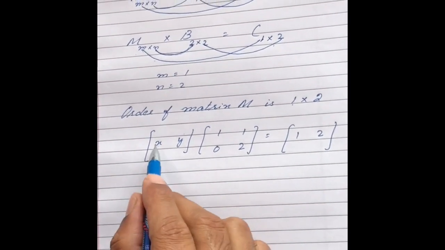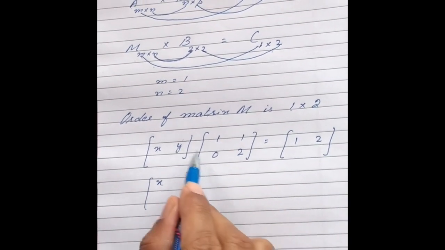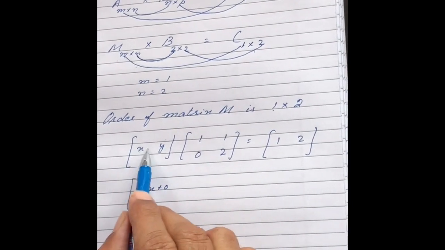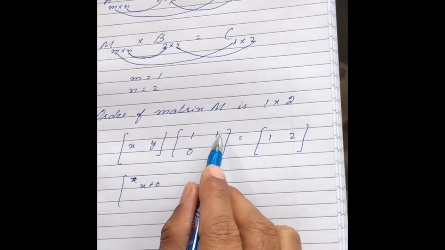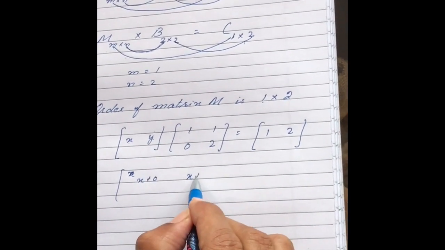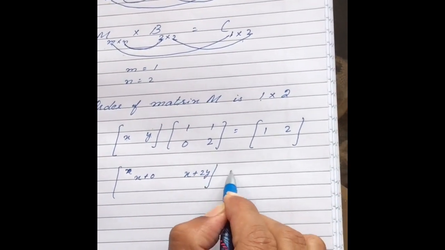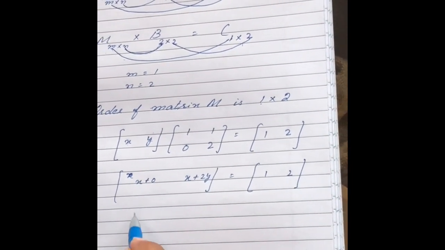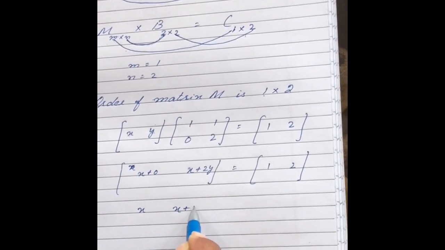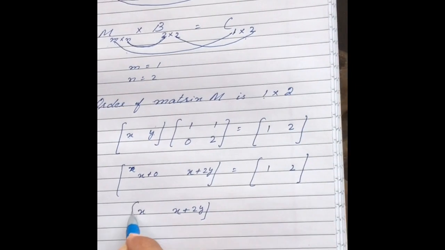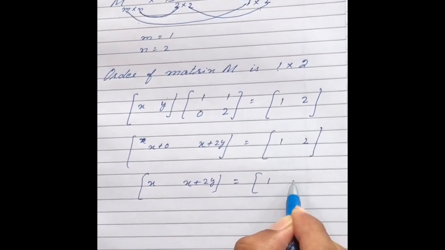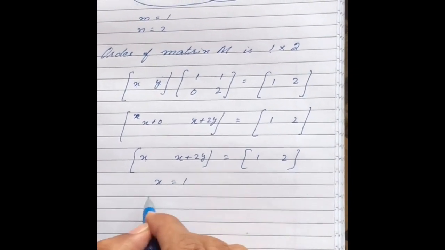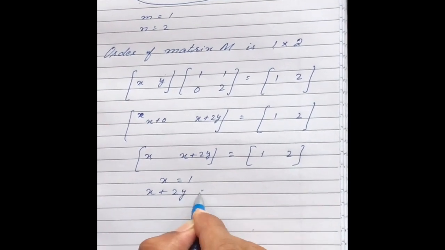Then I multiply: x into 1 is x, y into 0 is 0. Then first row, second column: x into 1 is x, y into 2 is 2y, is equal to 1 and 2. So x plus 0 is 1, so x is 1. x plus 2y is 2.